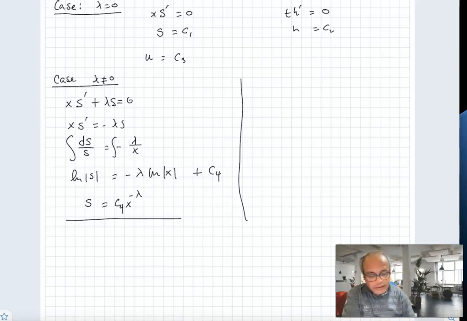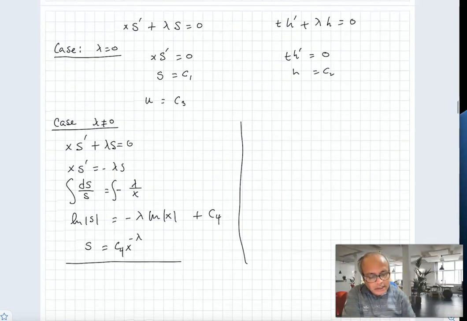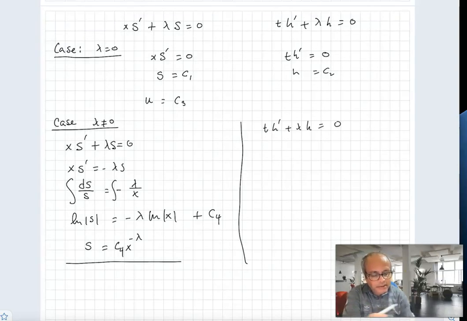So the t equation is t times h prime plus lambda h equals 0. That's the same equation, except h is in terms of t, and s is in terms of x. The same equation.